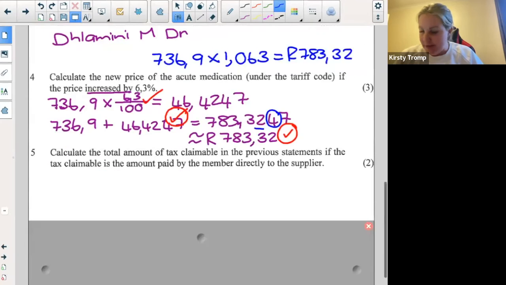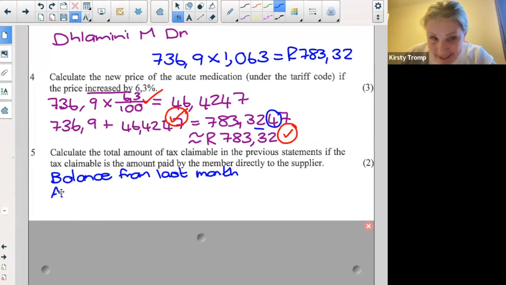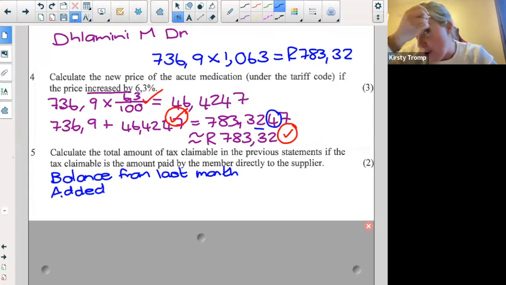Let's have a look. If to get this month's statement, we took the balance from last month, and then we added, well done guys, thank you. So I'm going to show everybody how you got that.